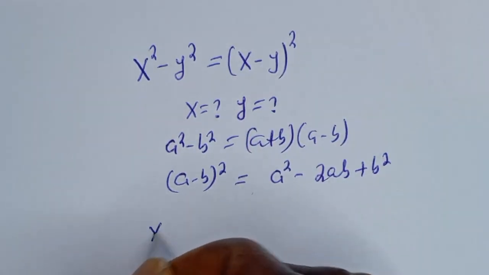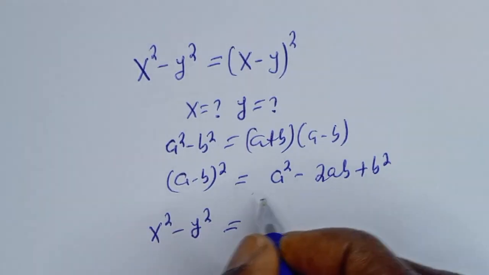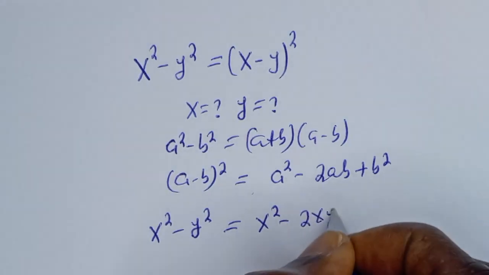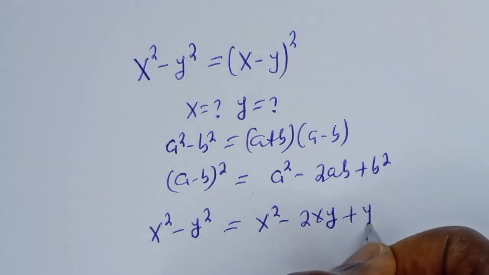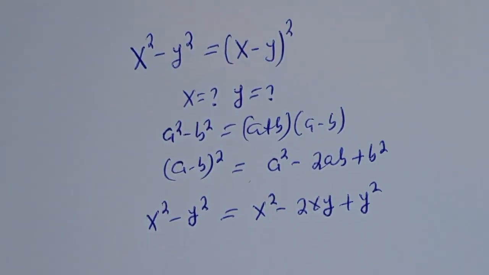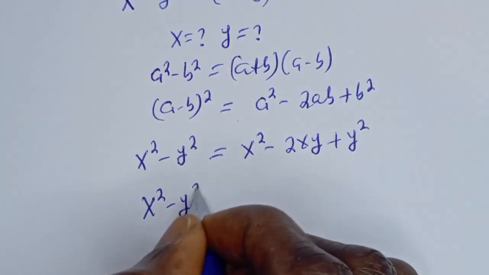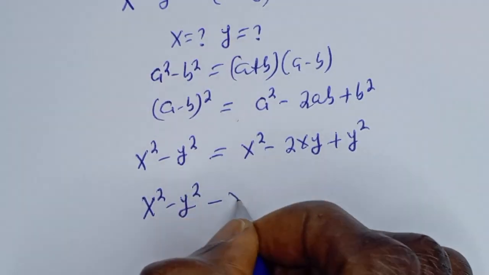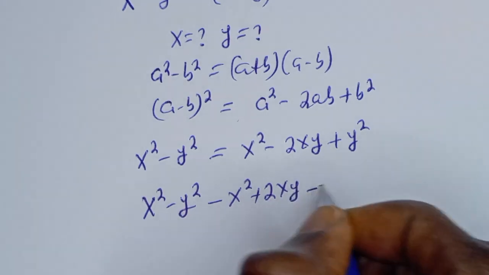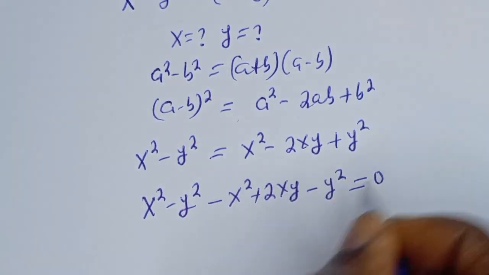We have x squared minus y squared is equal to x squared minus 2xy plus y squared. Then from here, x squared minus y squared minus x squared plus 2xy minus y squared is equal to 0.